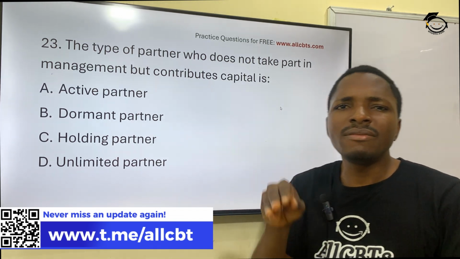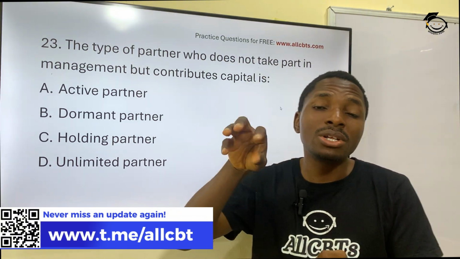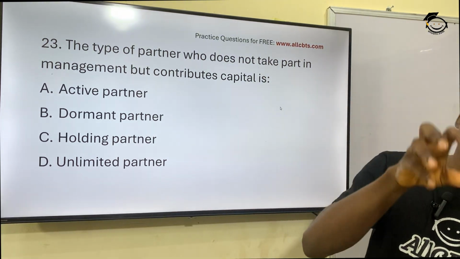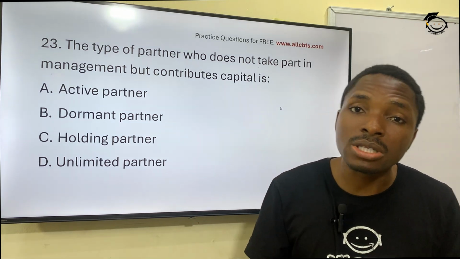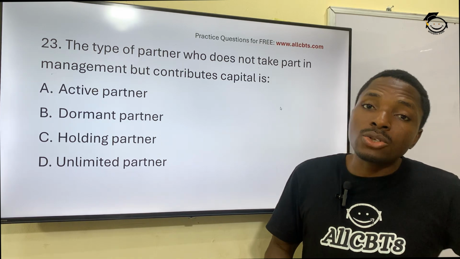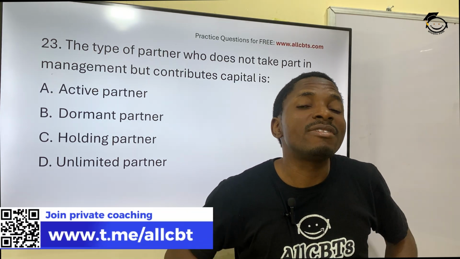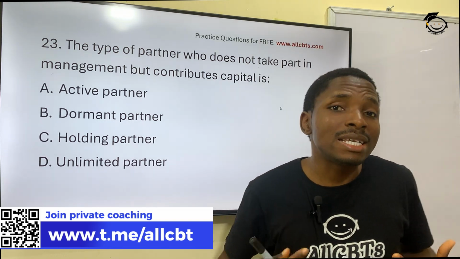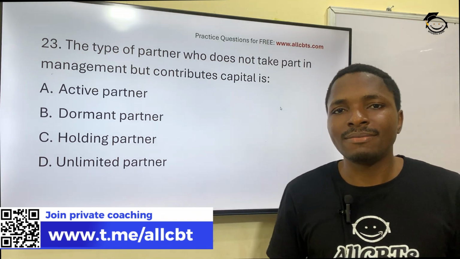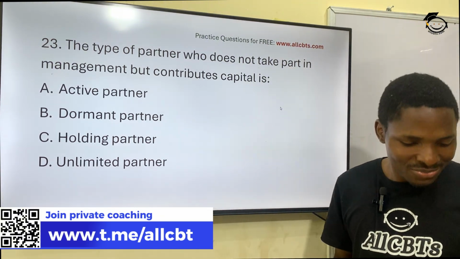But whatever proceeds the company makes based on the agreement with the other partners, he gets his percentage, maybe 30, maybe 40, maybe 60. In some cases it is sent to his account, because he is putting his finances into the business, which is as good as him being in the business. Do you get it now? His money is working for him. That's what it means.